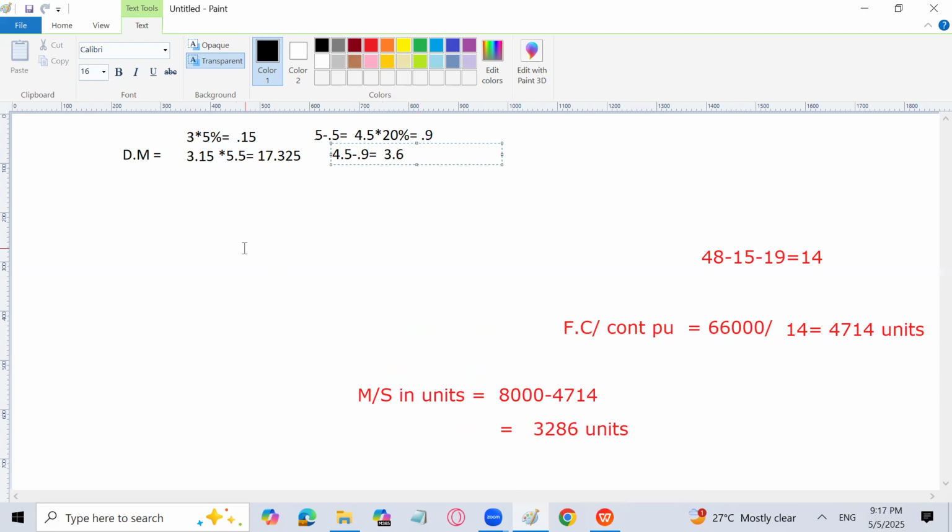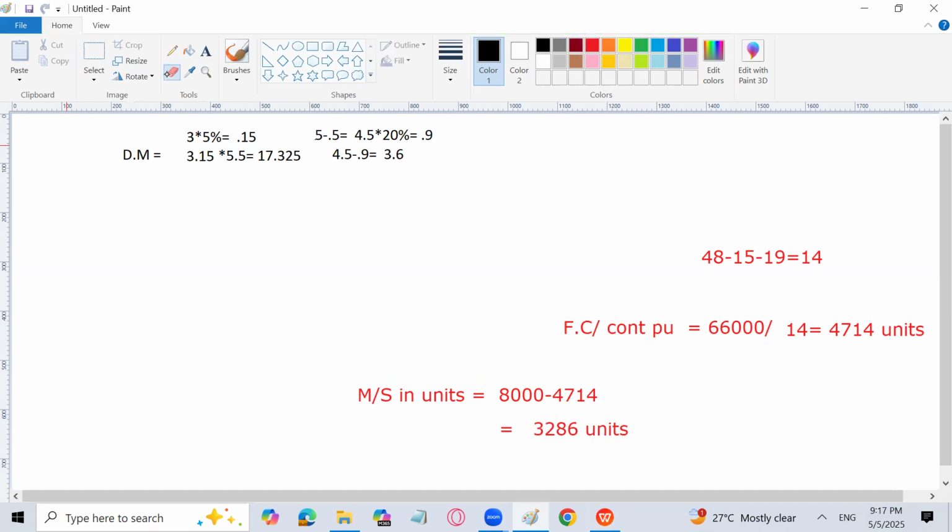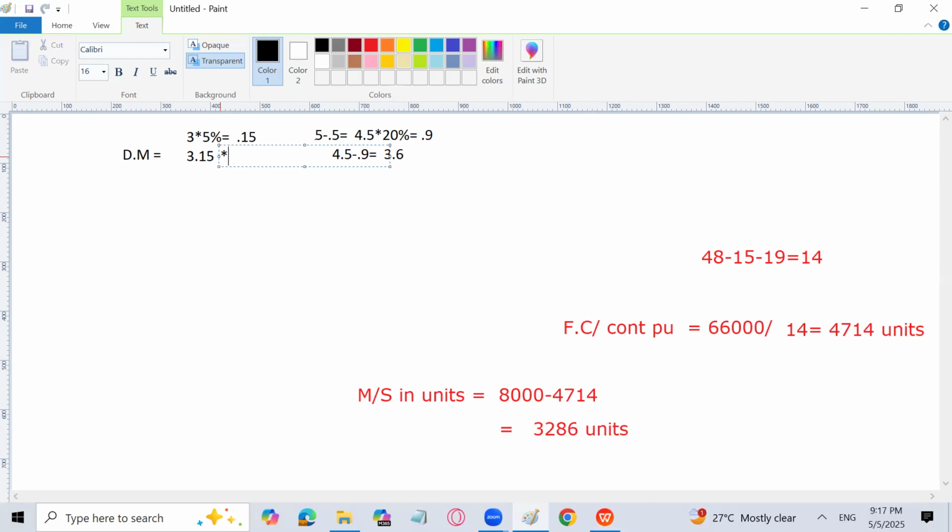So 3.6 is the material price. But kg is going to be used more by 5%. So that will be 3.15, because 3 into 5% is 0.15, and 3 plus 0.15 is 3.15 multiplied by 3.6. So what is the material price now? 11.34. Okay, thank you.